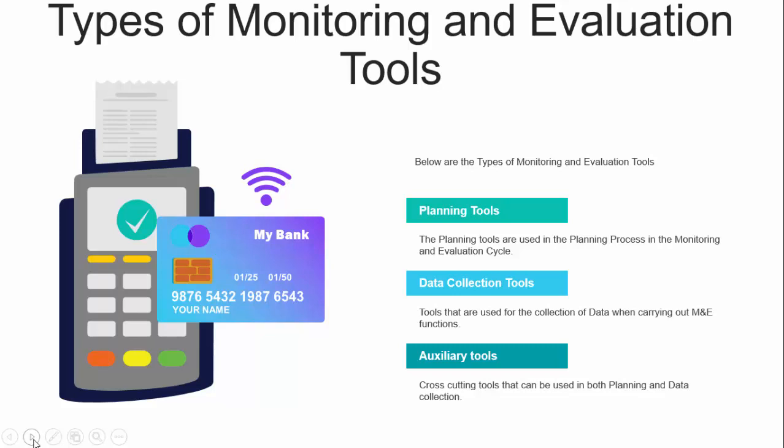Then you've got the auxiliary tools, and I'll say it right now that these auxiliary tools are the software. I remember I talked about the KPI Lens software. That is an M&E software. So it's an auxiliary tool because it can be used as a planning tool. You can also use it as a data collection tool all at once.